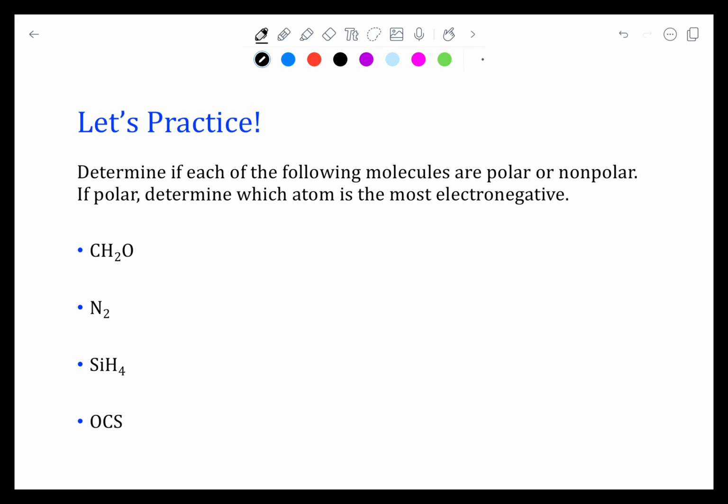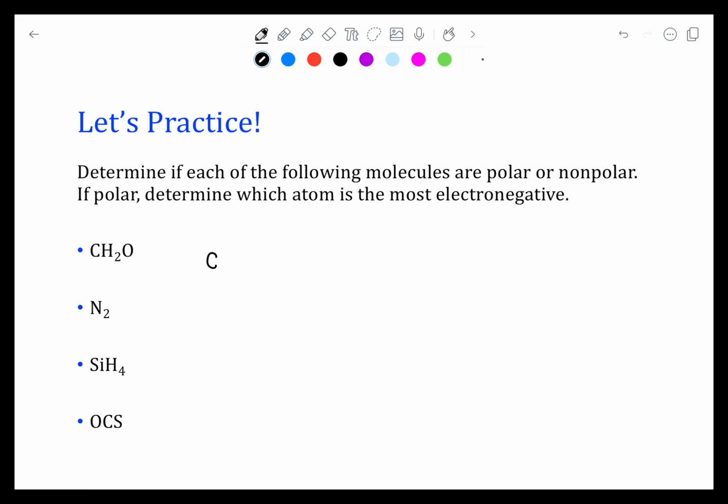So for time purposes, I'm just going to draw the Lewis structures. If you need time to draw these Lewis structures with me, feel free to pause the video and use your Lewis structure guidelines to help you along and make sure that your Lewis structures match mine.